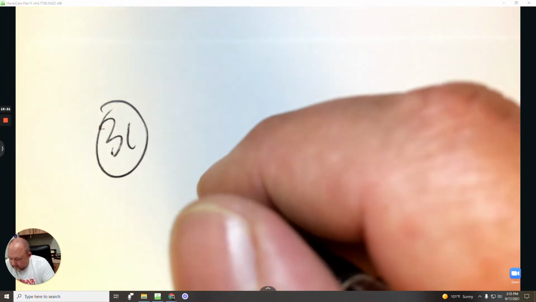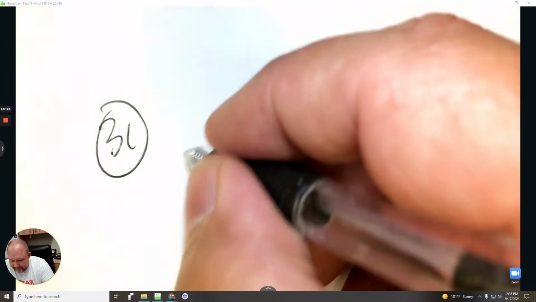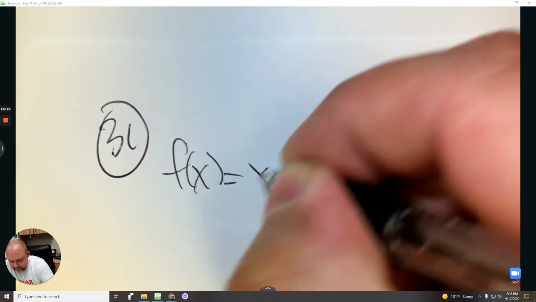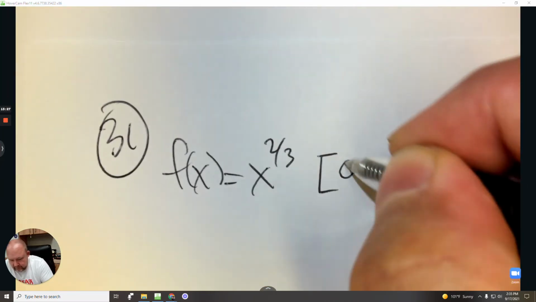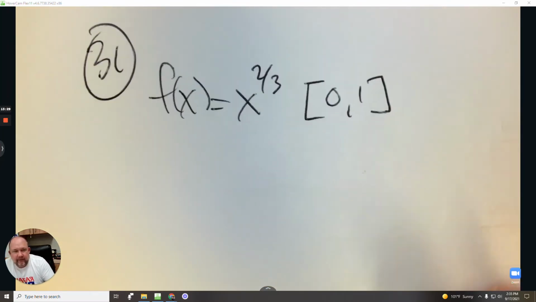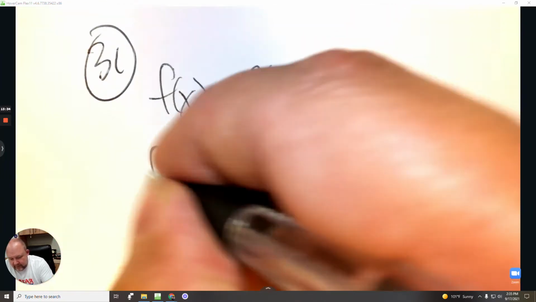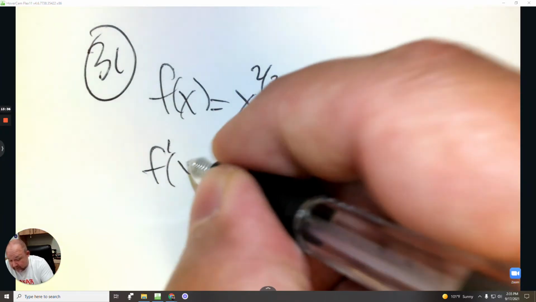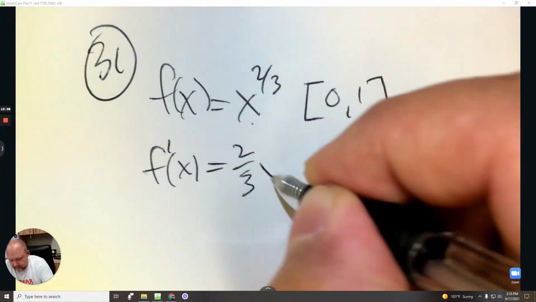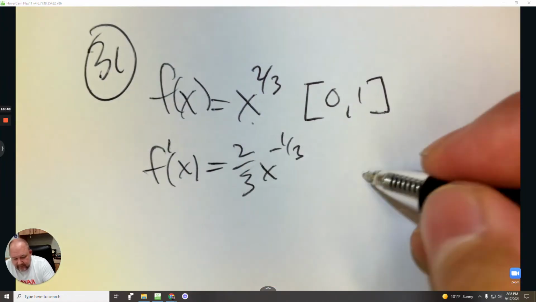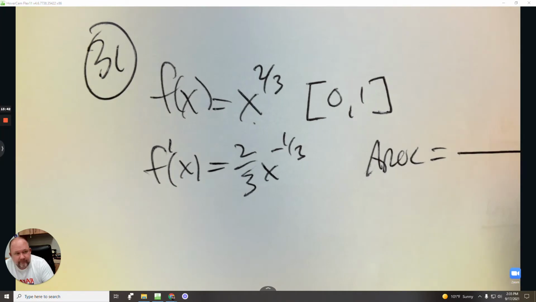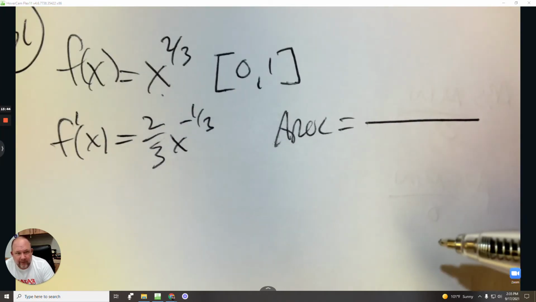Number 31. We're using the mean value theorem. From 0 to 1. This is continuous and differentiable from 0 to 1. So I plug in, take the derivative, and then I find the AROC, and then I make them equal to each other.